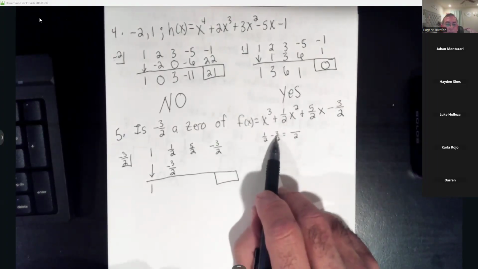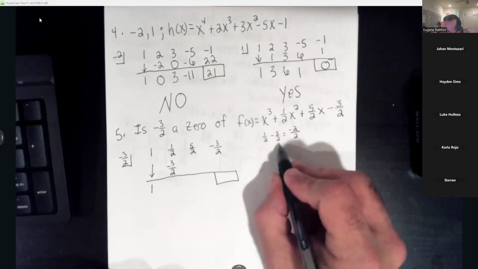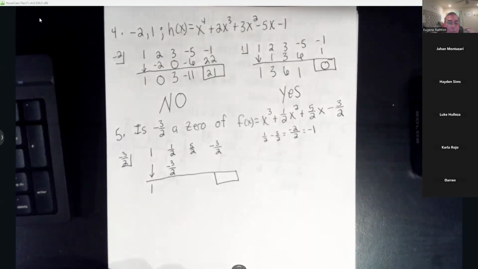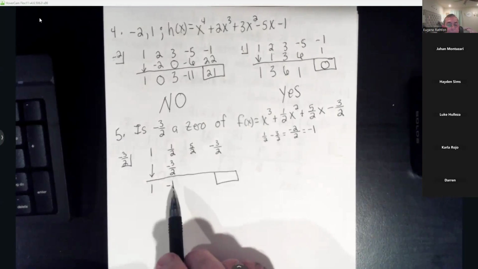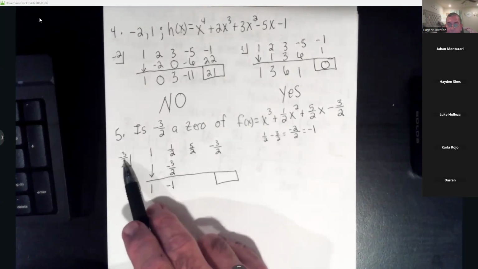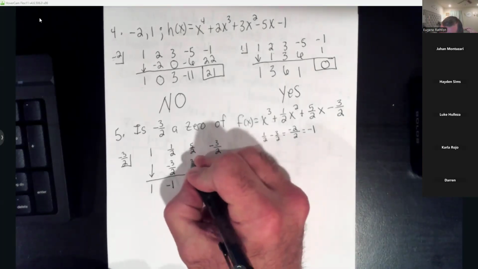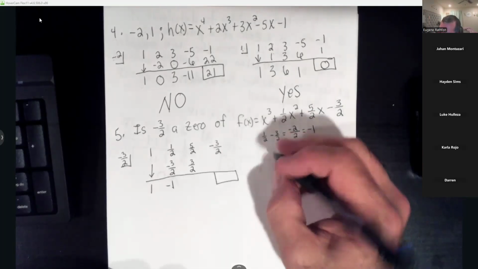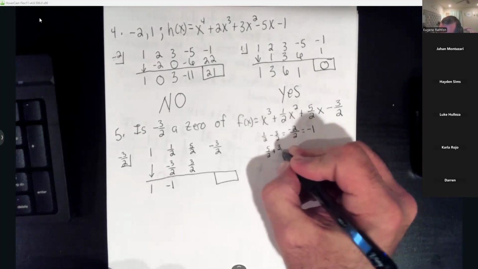Well, 1 minus 3 gives me a negative 2 on top over 2. And negative 2 divided by 2 makes that a negative 1. All right, then I do that again. Negative 1 times negative 3/2 is going to make that a positive 3/2. All right, so now we're adding 5/2 plus 3/2.